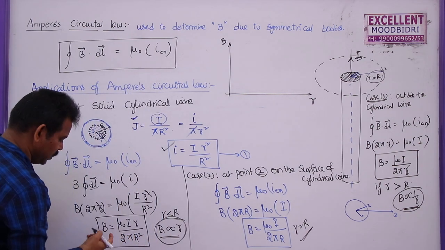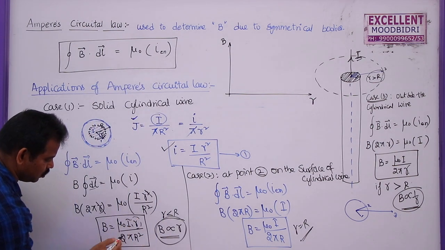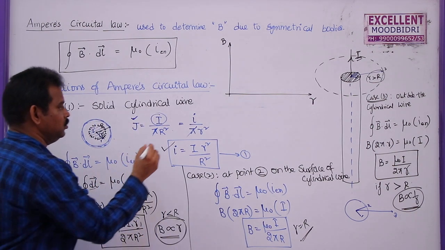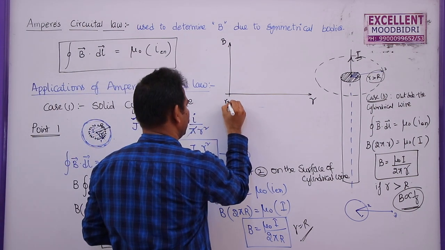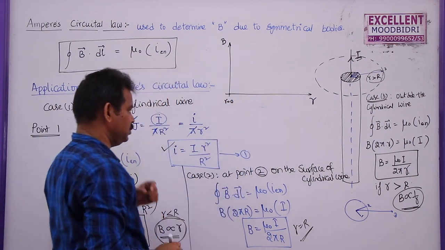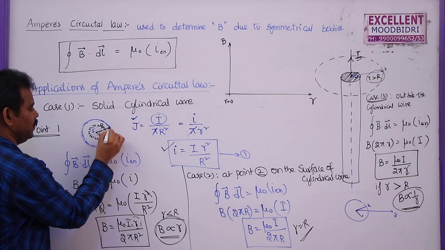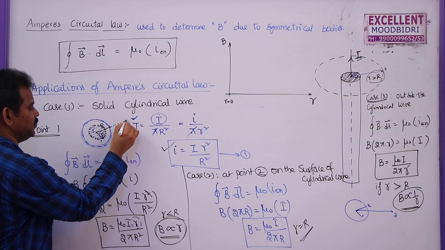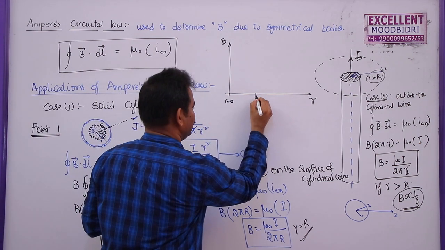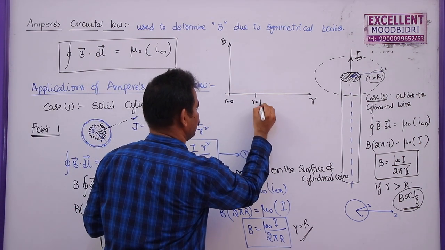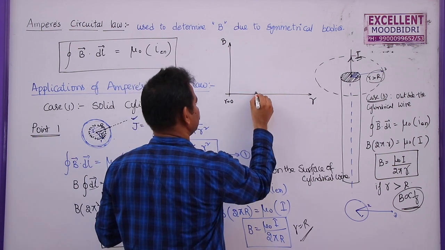Why? Because see this one, if r is equal to 0, B will become 0. Now if you move away from the center, up to this point or beyond, let us say this is small r equal to capital R.